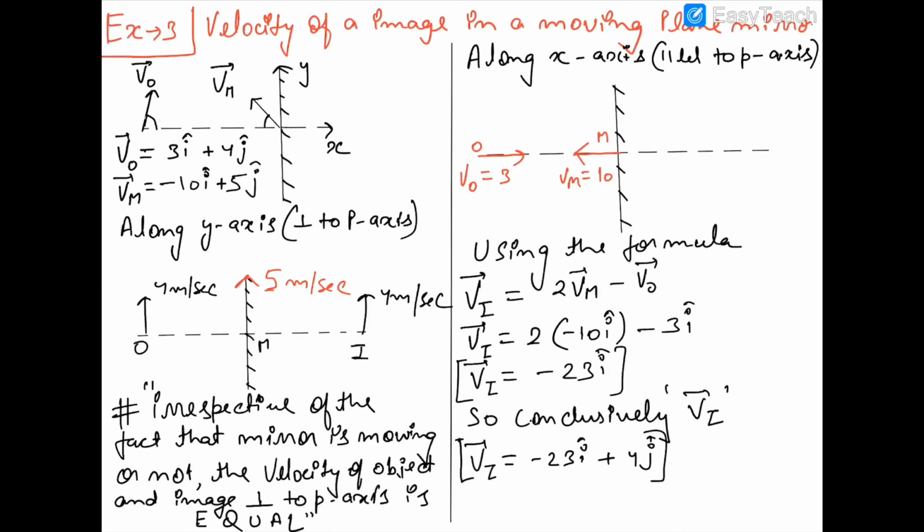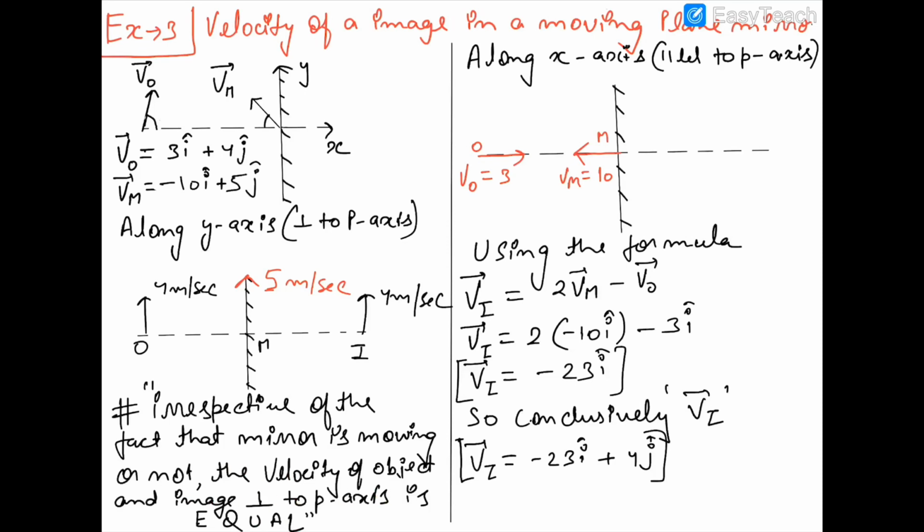Now there is a concept which I have already demonstrated in my previous videos, that irrespective of whether the mirror is moving or not, and here I am talking about plane mirrors only, the velocity of the object and the image perpendicular to the principal axis is equal.